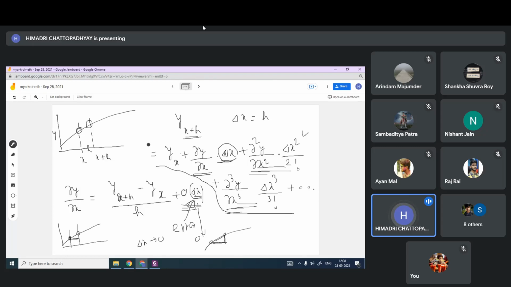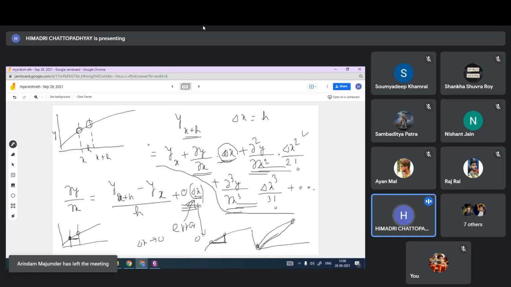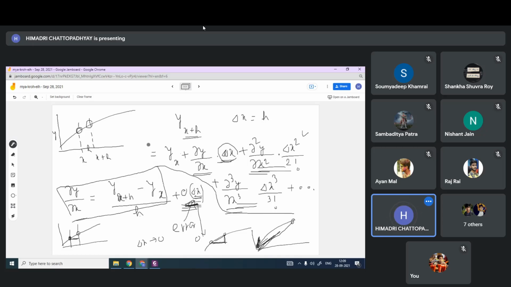But for example, if a curve is like this, can you calculate the slope by these 2 points? You see, if you calculate by these 2 points, the slope is wrong. So you have to take 2 nearby points, then that gives you the actual slope. So the smaller this delta x is, the more accurate del y del x is. That means you need closer spacing. And this is how the error is analyzed.